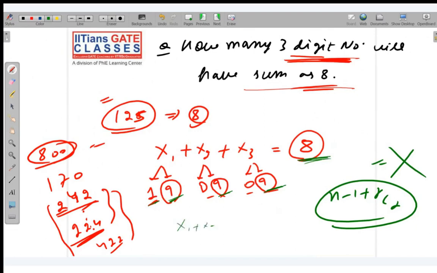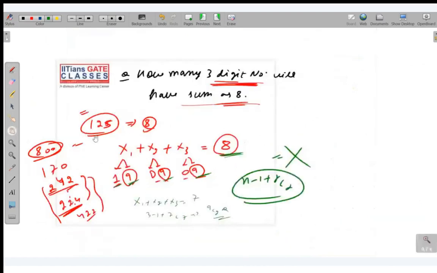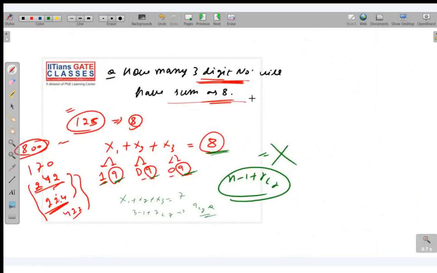So finally, x1 plus x2 plus x3 is equal to 8 minus 1, that is 7. Now I will apply the formula to get the answer. What is n? 3 minus 1 plus 7 C 7. So it comes out to be 9C2 as my answer. Very simple.